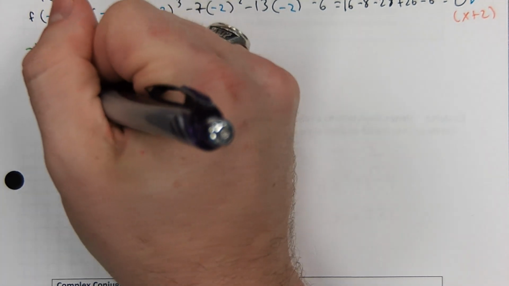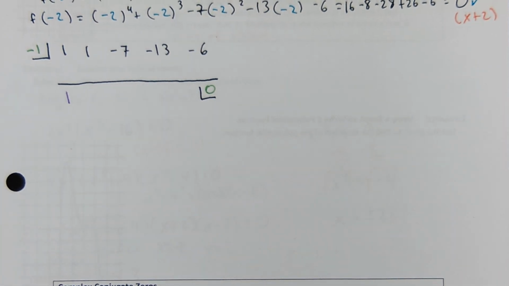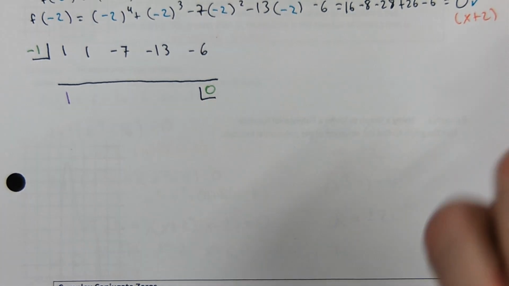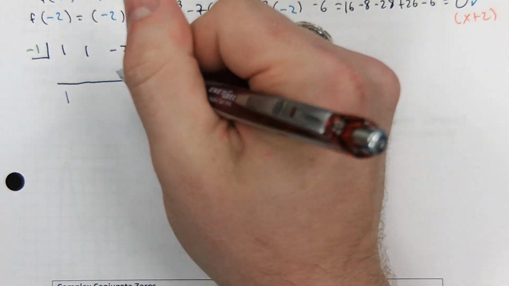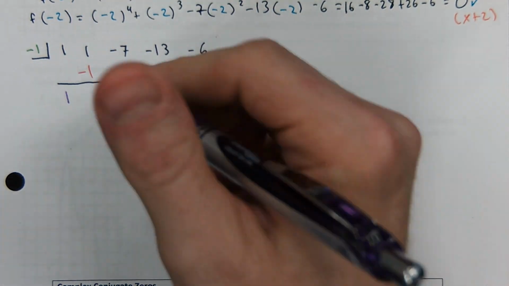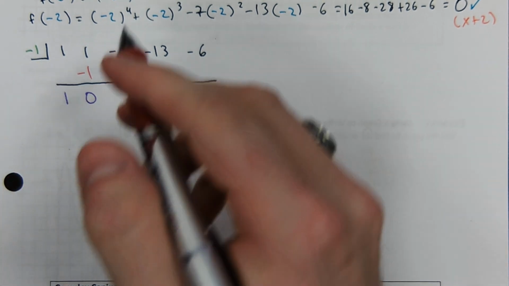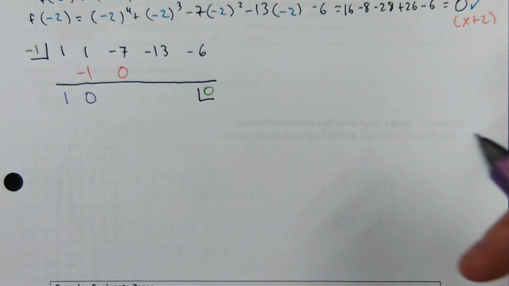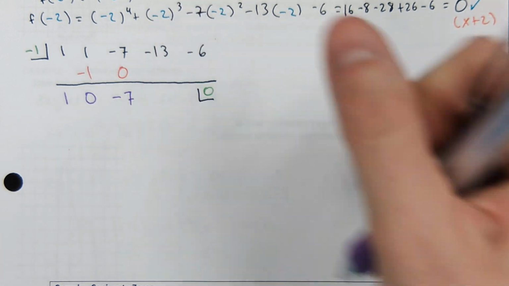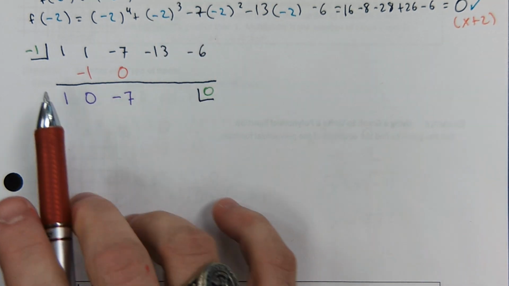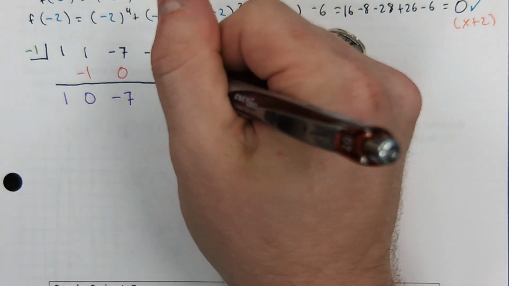Drop your 1 down. -1 times 1 is -1, and adding straight down gets me a 0. -1 times 0 is 0, adding straight down, -7. -1 times -7, +7.